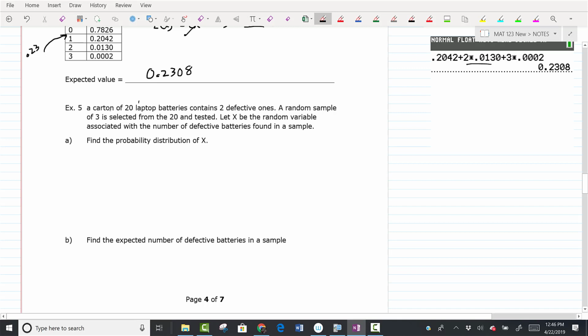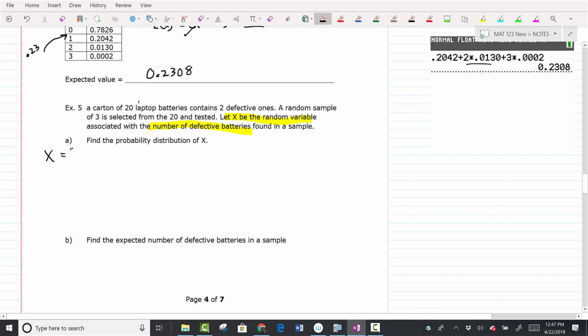Okay, so this one says you have a carton of 20 laptop batteries that contains 2 defective ones. A random sample of 3 is selected from the 20 and tested. The key thing it says right here is X is the random variable, and it represents the number of defective batteries.